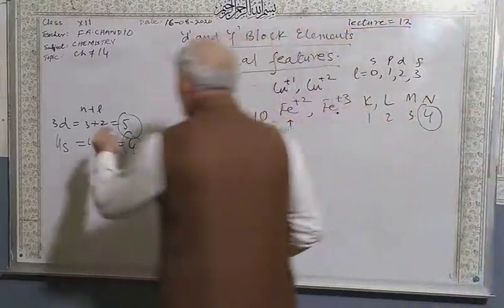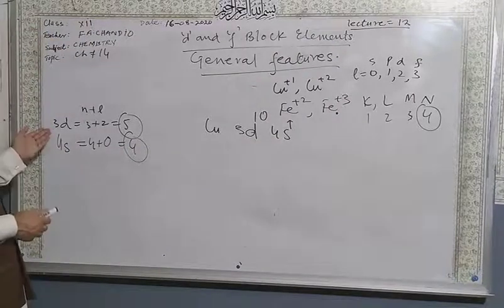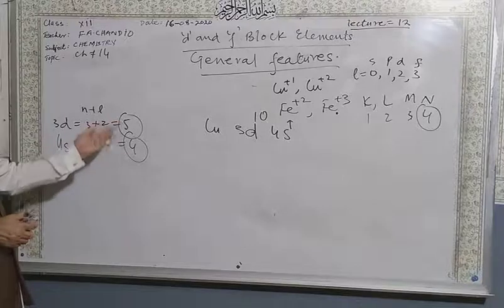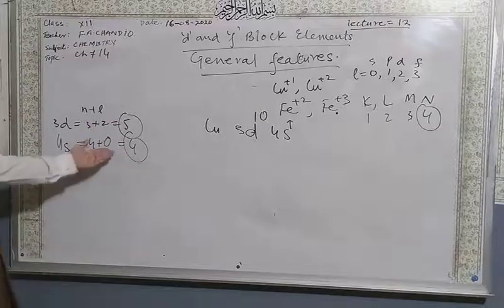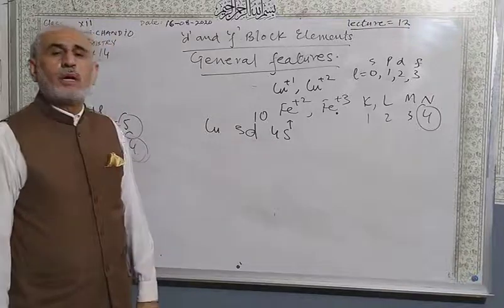But according to the modern way of calculating the energy of the orbitals, 3d has 5 and 4s has 4. So first we have to fill 4s, then 3d.